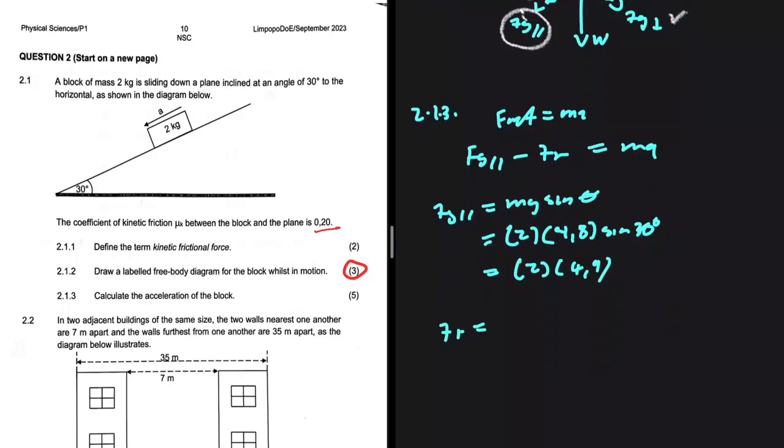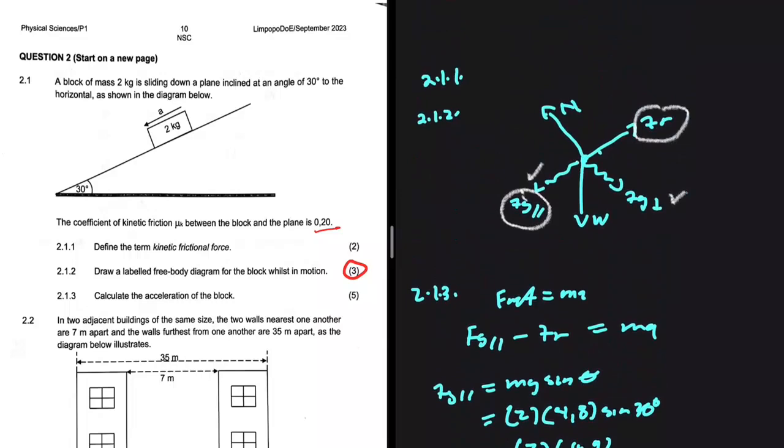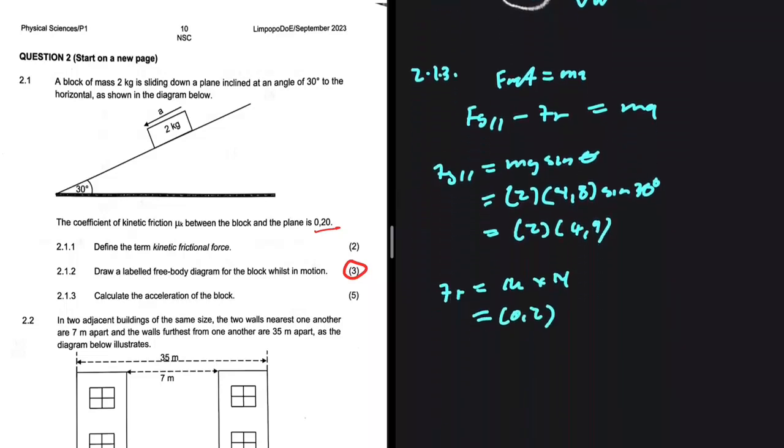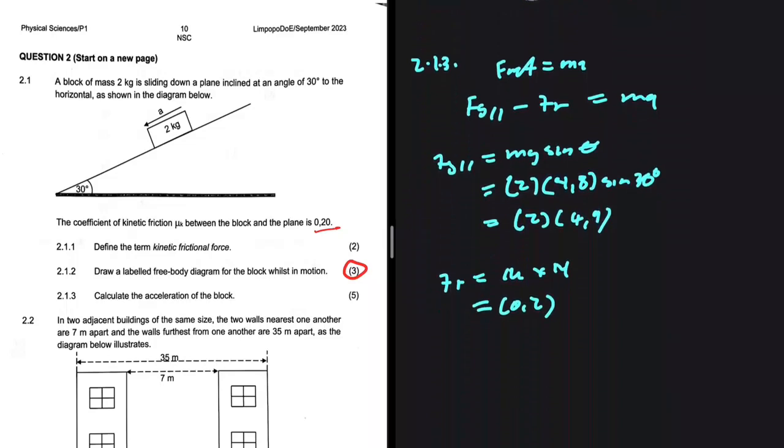Frictional force is equal to the coefficient multiplied by the normal force. The coefficient is 0.2. And then our normal force, if you look at our free body diagram, is being balanced out by Fg perpendicular. So the normal force is equal to Fg perpendicular in this instance, where Fg perpendicular is mg cos of theta.